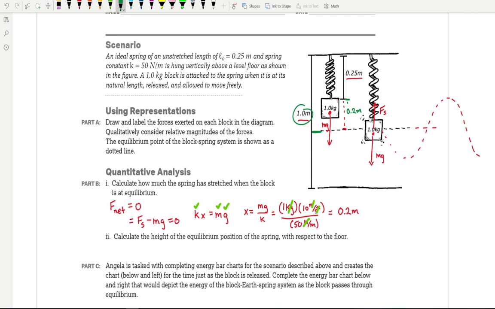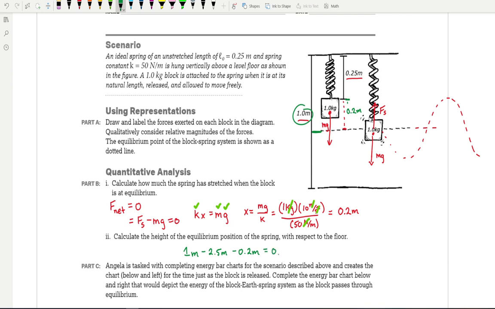So it's 1 meter for the total distance up to the top. We're going to take away that 0.25 meters, and then we're also going to take away the equilibrium distance, which is 0.2 meters. And whenever you subtract all of those together, that's going to come out to be 0.